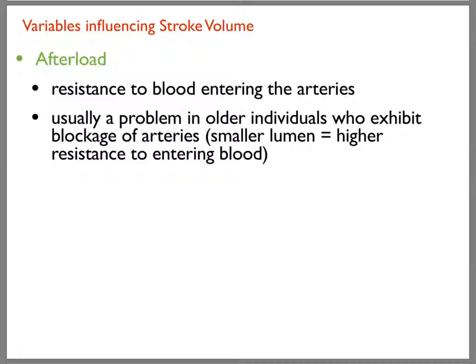You don't have much of a resistance. However, the afterload and this resistance increases as people age because usually with age, our arteries do get blocked, at least partially or a little bit. And so what that means is the lumen of the artery is going to be smaller, and therefore the heart will have a harder time squeezing all that blood into those arteries because they're occluded. So that's afterload.